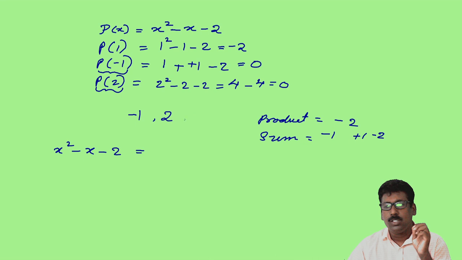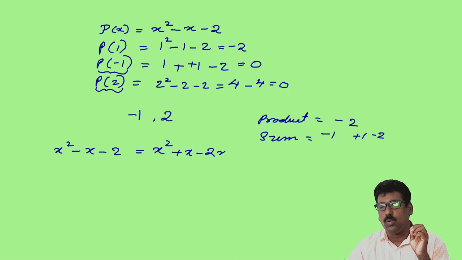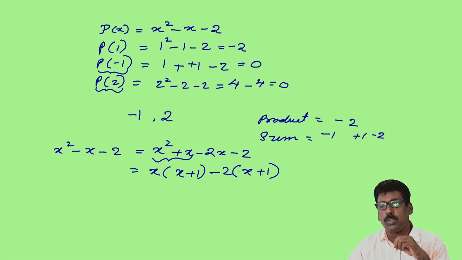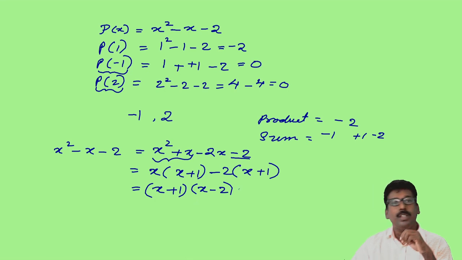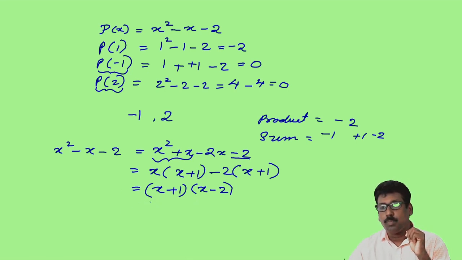You can rewrite this polynomial as x square plus x minus 2x minus 2. Now consider the first two terms: x you can take as common, then x plus 1. And minus 2 you can take as common, then again x plus 1, because plus 1 into minus 2 is minus 2. Now x plus 1 is common, so the remaining is x minus 2. Therefore, the factors are x plus 1 and x minus 2.